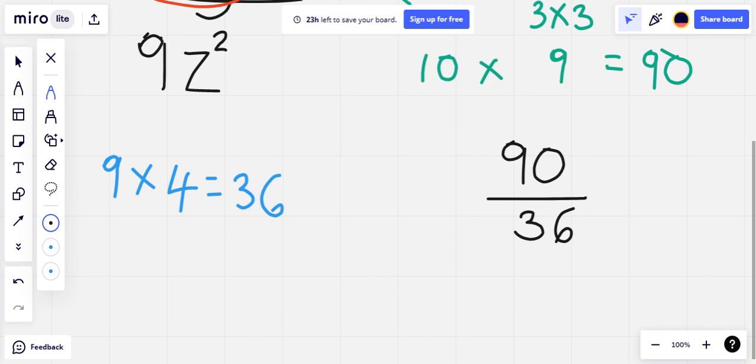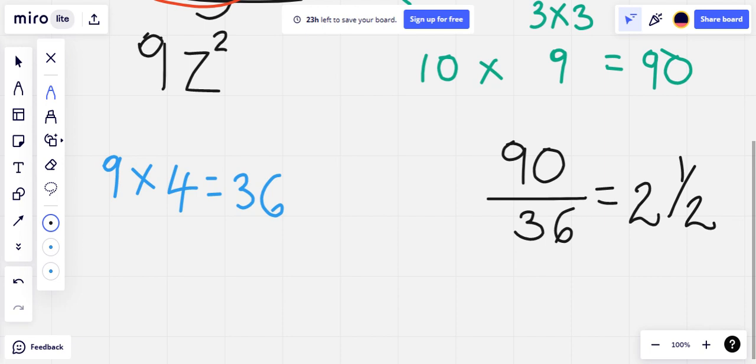All right, let's plug that in. So we have 90 over 36, which is a fraction. So let's go. That's going to equal 2 and a half. We say 2.5, and that's our answer right there.